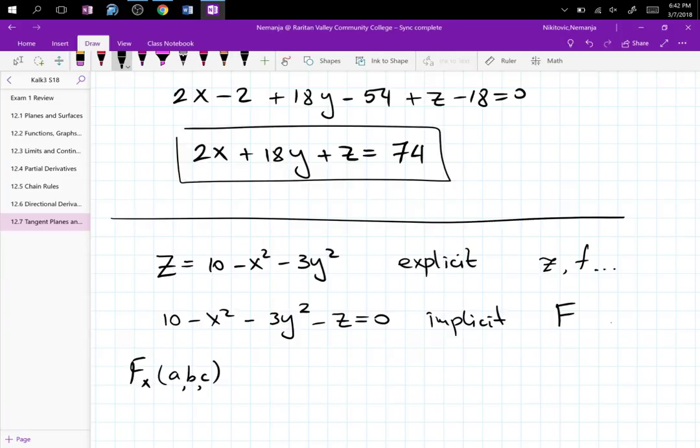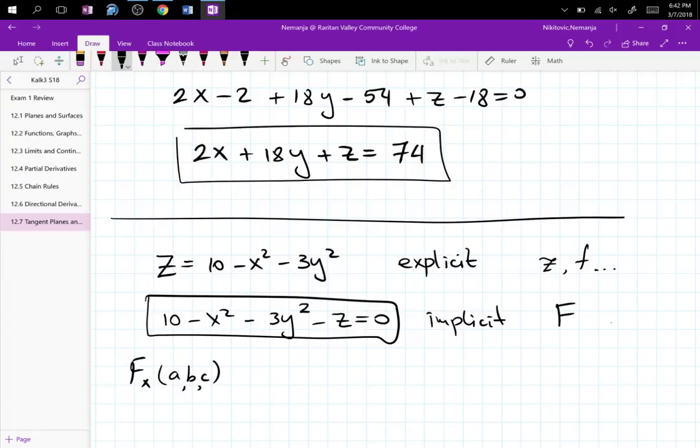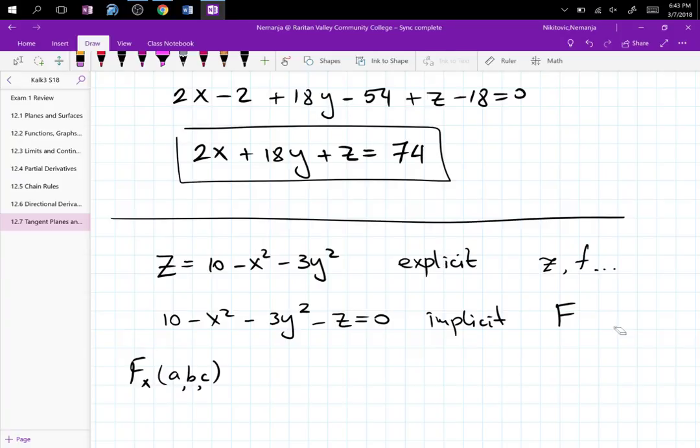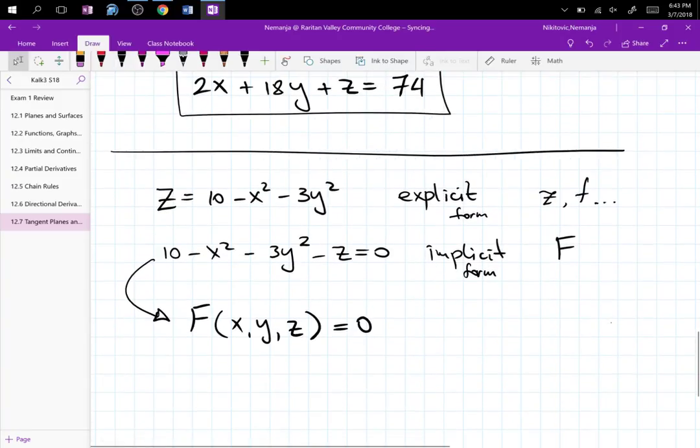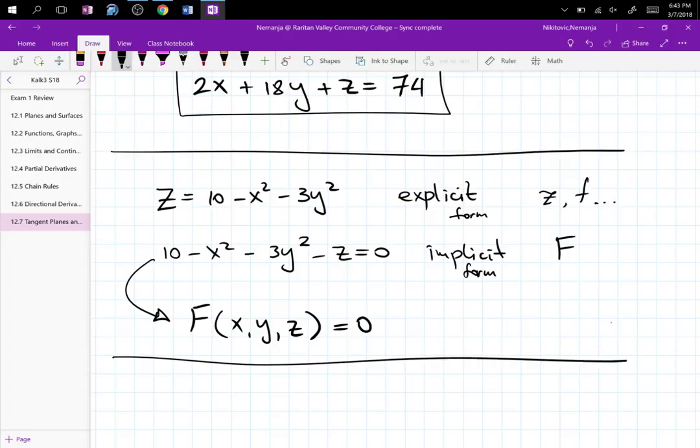The reason they use capital is because you actually find those partial derivatives from the implicit form, a function of x, y and z which is equal to 0. So we have explicit form and implicit form for functions, and that's where the capital F comes from in the book's notation, just in case you are not sure.